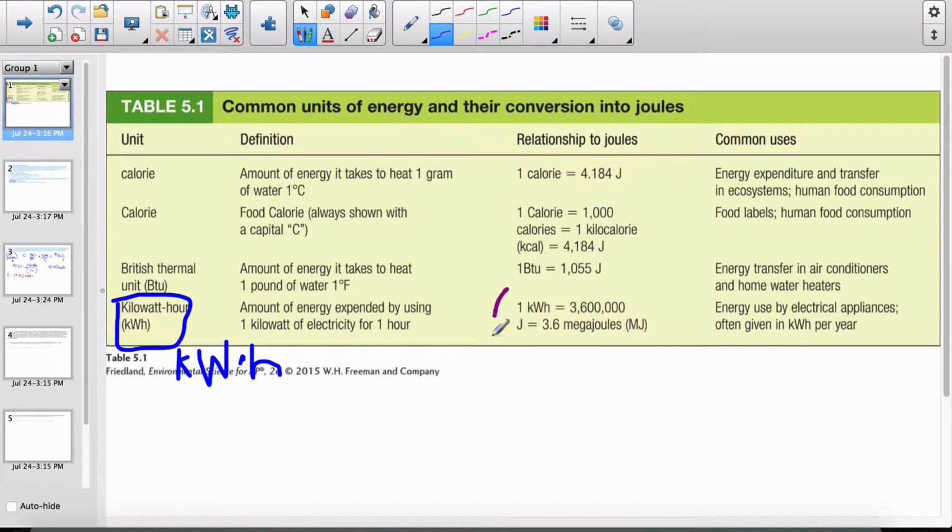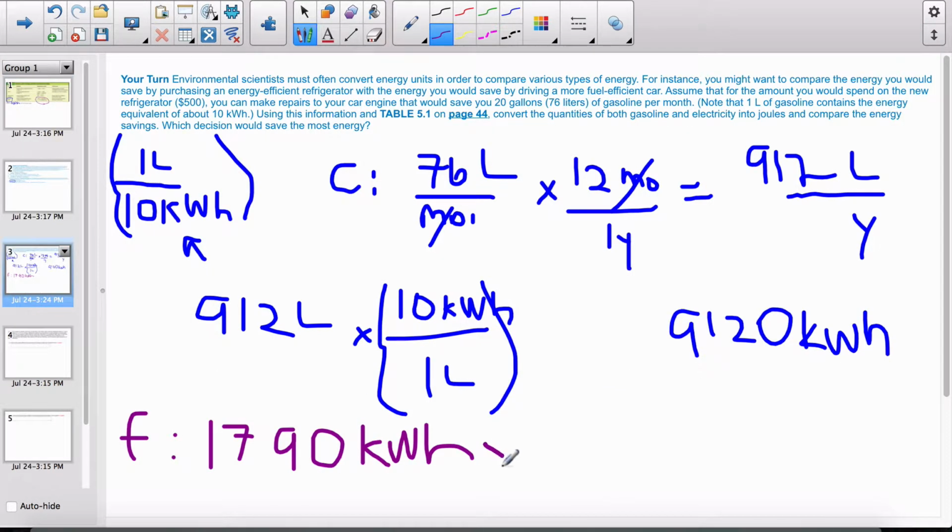And that one's easy because you can just use this guy right here. 1 kilowatt hour equals, I'm going to use 3.6 megajoules because that's going to be easier for me. Okay? So 1 kilowatt hour is 3.6 megajoules. Do my kilowatt hours cancel out?